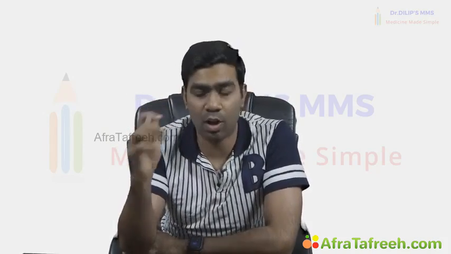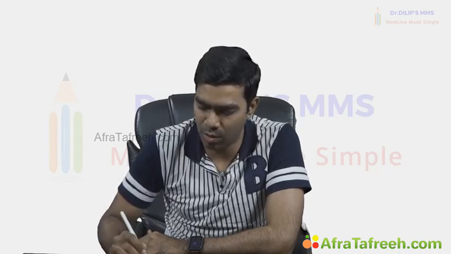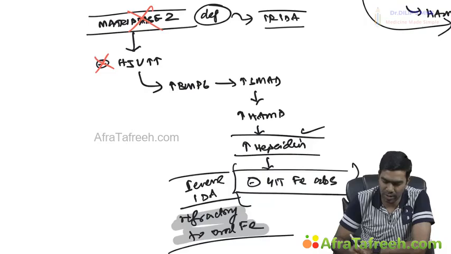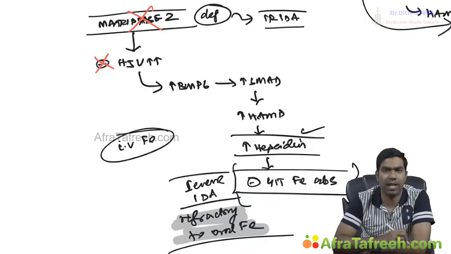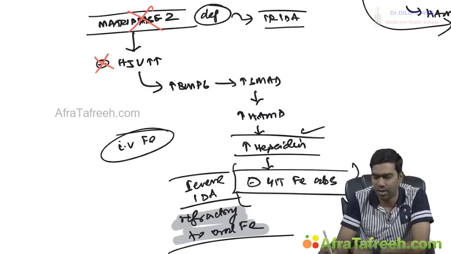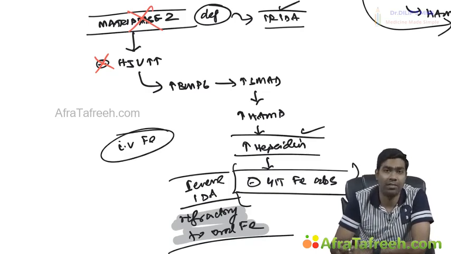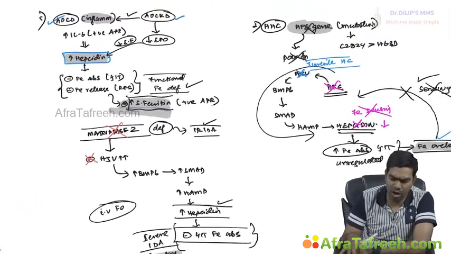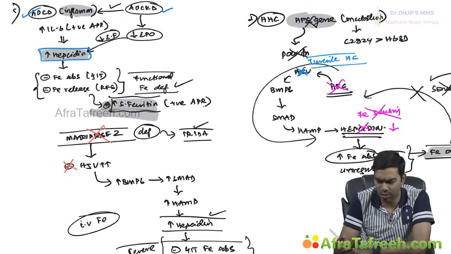So this patient will not respond to any amount of oral iron. So you have to treat these patients with high doses of IV iron, or in severe cases you might need a blood transfusion as well. This is what we call IRIDA, or iron refractory iron deficiency anemia.